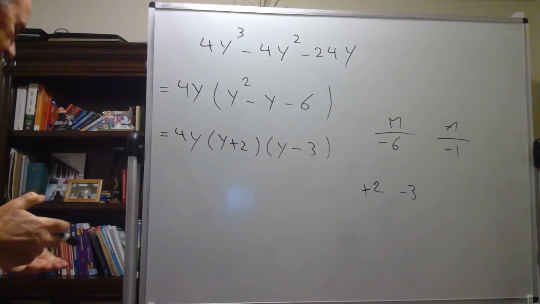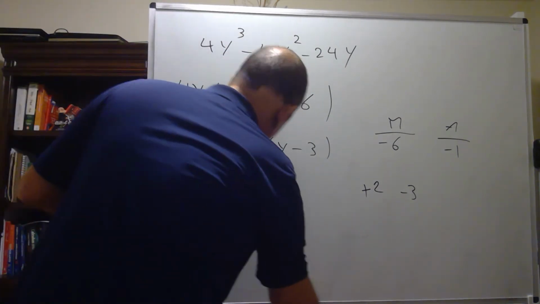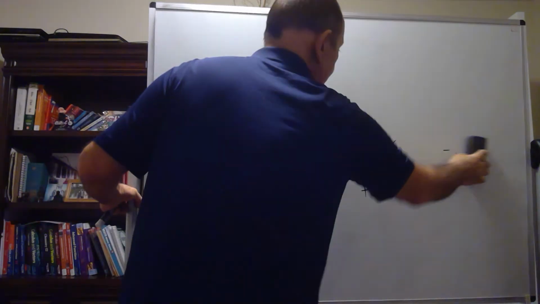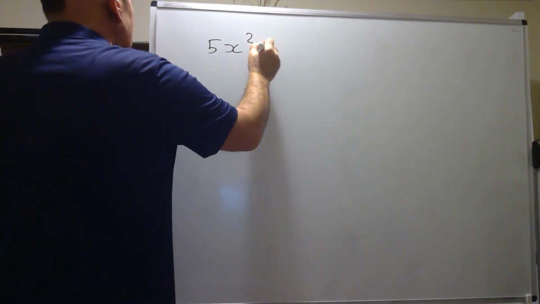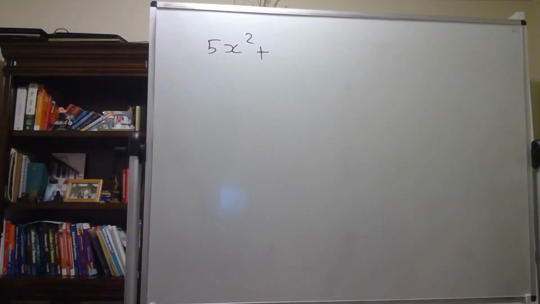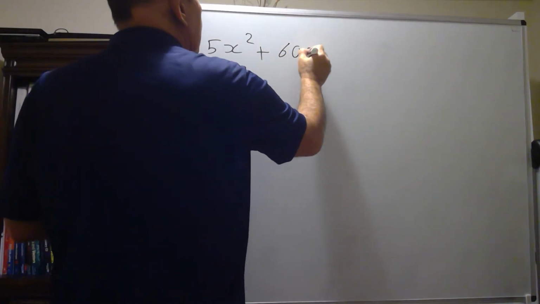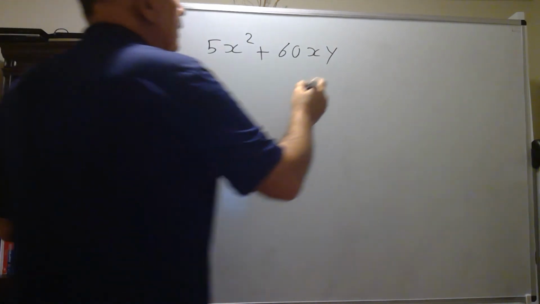One more thing that maybe you can see. Let's use this example: 5x squared plus 60xy plus 100y squared.